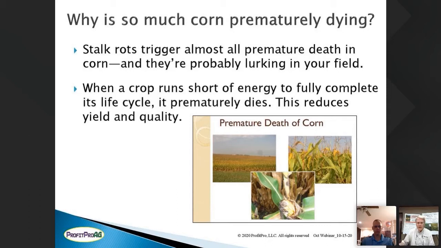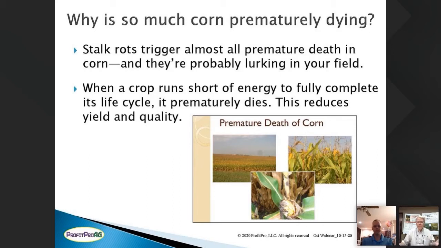When you look at it, about 95% of our acres are dead prematurely, and this is because the crop is running out of energy to fully complete its life cycle. So it prematurely dies.